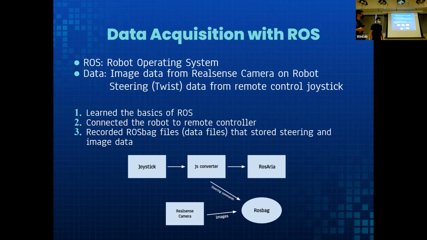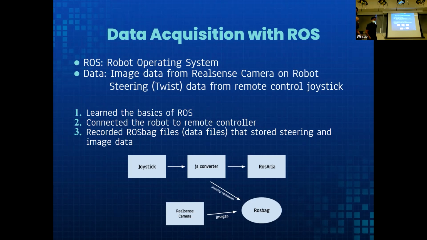These are image data that are extracted from the RealSense camera that is mounted on the robot, as you have seen in the previous slide, and the second is the steer or twist data that is extracted from the remote control joystick. Then these data are fed into the CNN model, which we will further discuss in our presentation. The model gives out the output steering commands, which help the autonomous robots to drive.